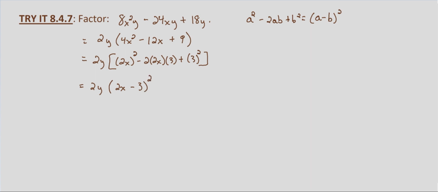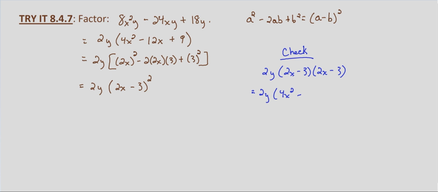As always, we want to check, so let's go ahead and multiply through to verify that we get what we originally started with. So 2y times 2x minus 3 squared is 2y times 2x minus 3 times 2x minus 3, which equals, I'm going to go ahead and multiply the binomials first because that makes the most sense. 2x times 2x is 4x squared, minus 6x, the outside.